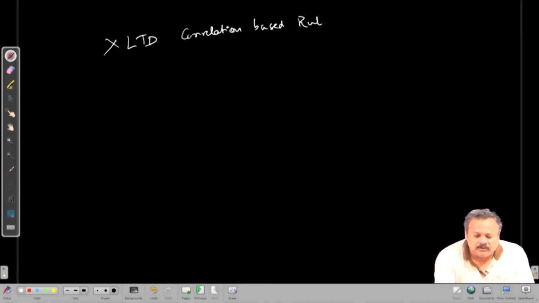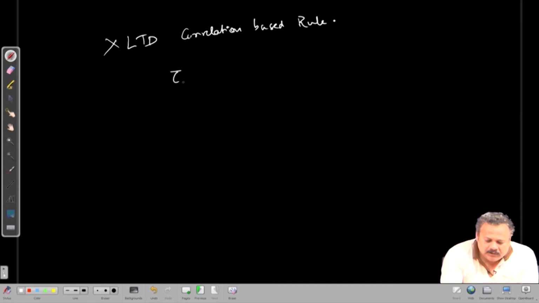Rule, not model, correlation based rule. So, what is introduced in there is dW/dt, that is how the rates are changing with time, again with the same idea.